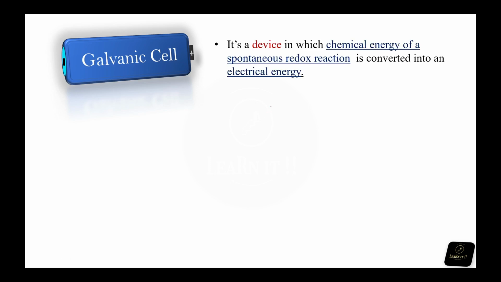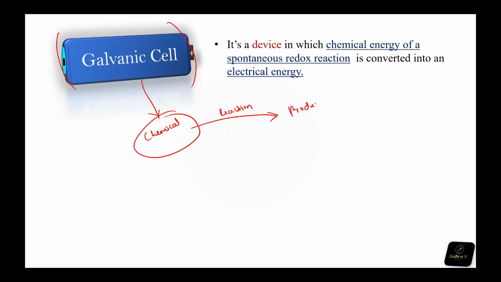So galvanic cell is a device in which chemical energy of a spontaneous redox reaction is converted into electrical energy. Within this galvanic cell, there are chemicals. These chemicals undergo reaction to produce what? Some products plus energy. We are not bothered about the products, we are only bothered about the energy.